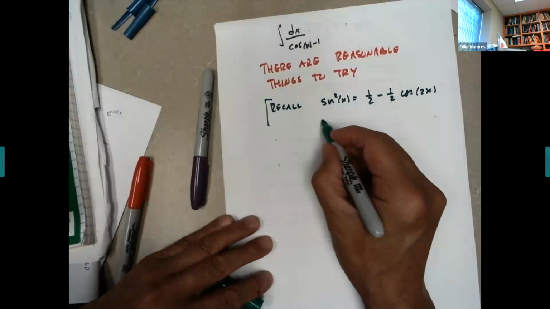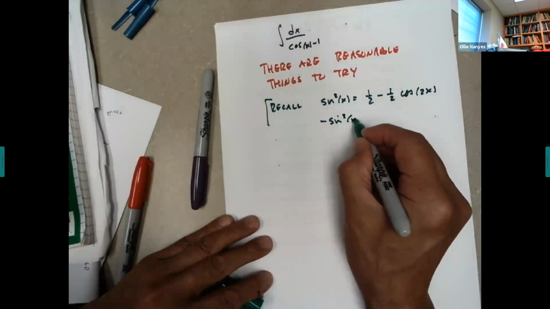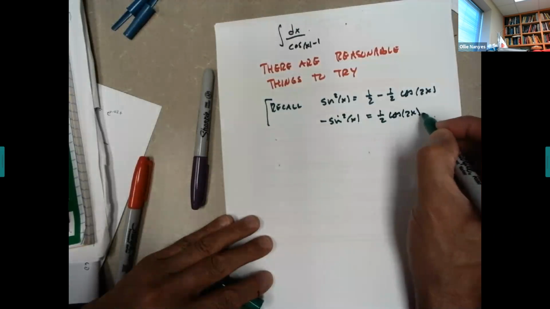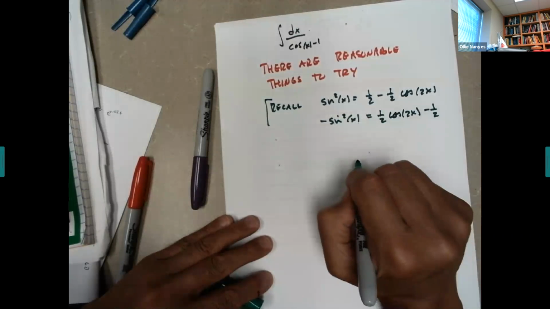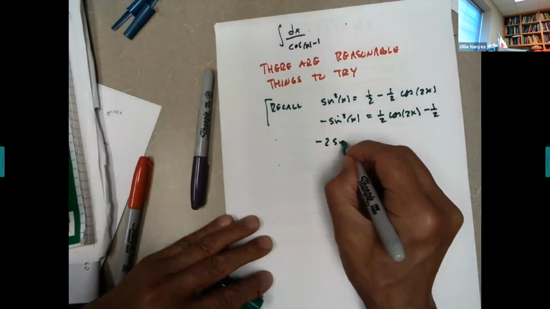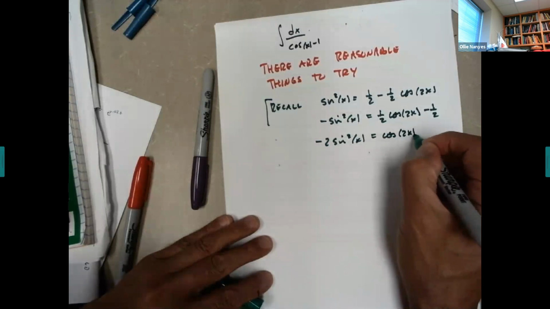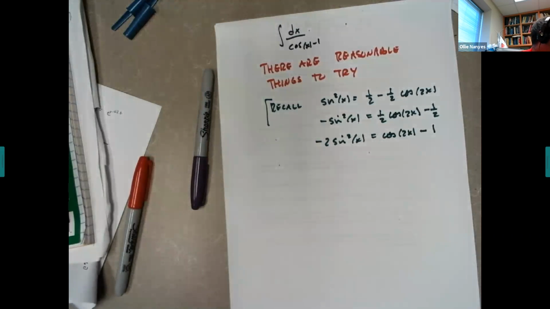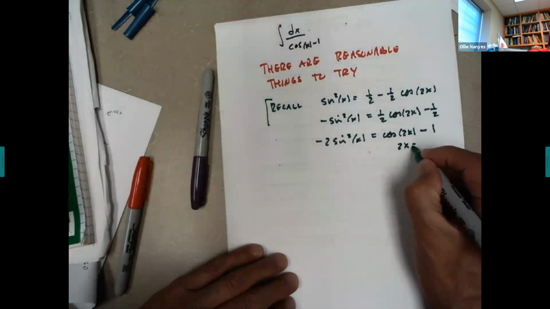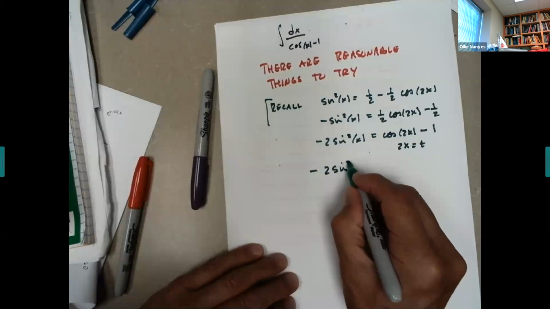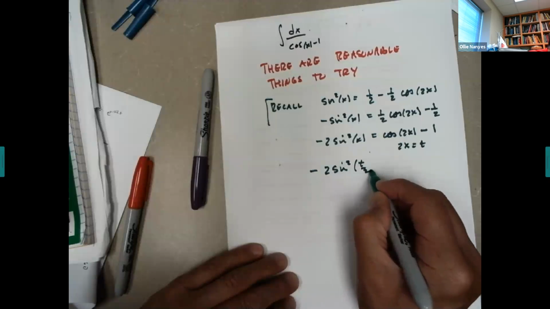So if you multiply by negative 1, multiply by 2, and then make the substitution, make the substitution 2x equal t. This is minus 2 sine squared t over 2.